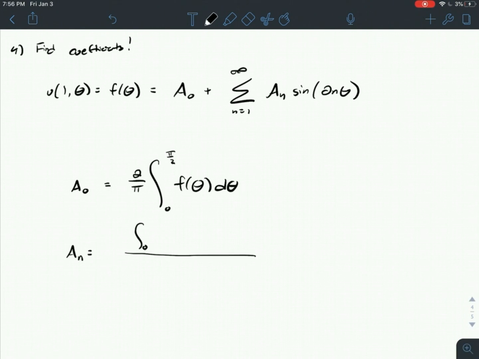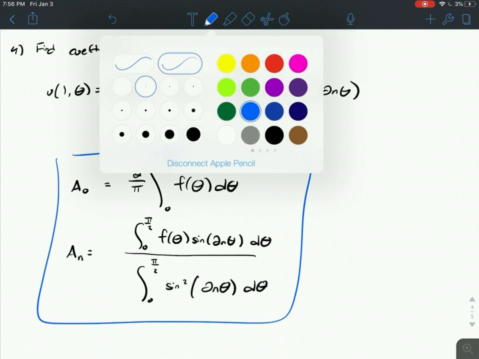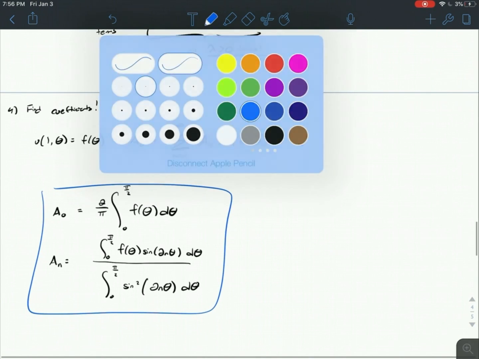And then an is going to be very similar: the integral of f of theta times sine 2n theta d theta over the integral of sine squared 2n theta. So these are our final coefficients for this problem.